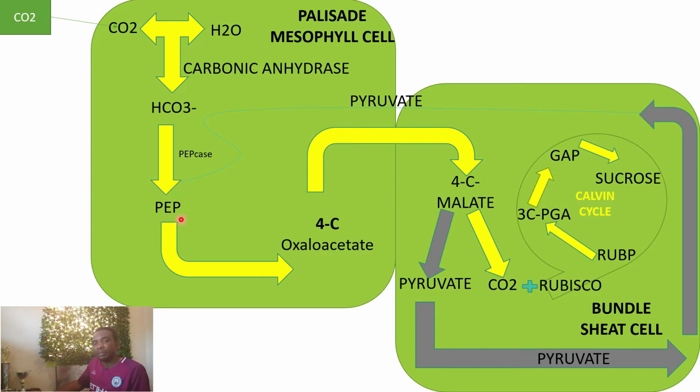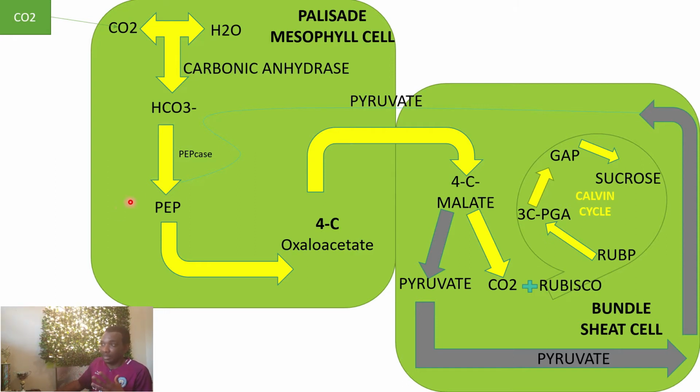And PEP is what makes the big difference, because in C3 plants, in the palisade mesophyll cell in the initial stages, rubisco is what would be formed, and this would basically have a binding affinity for carbon dioxide and oxygen.